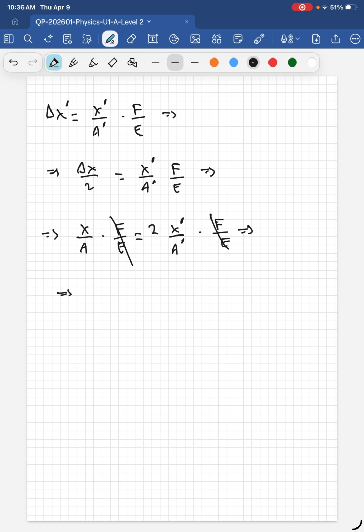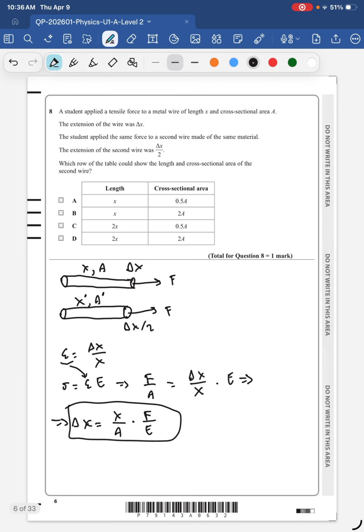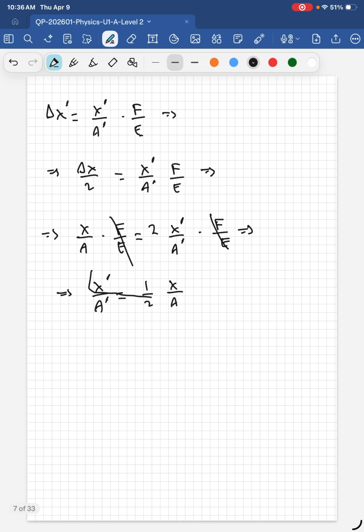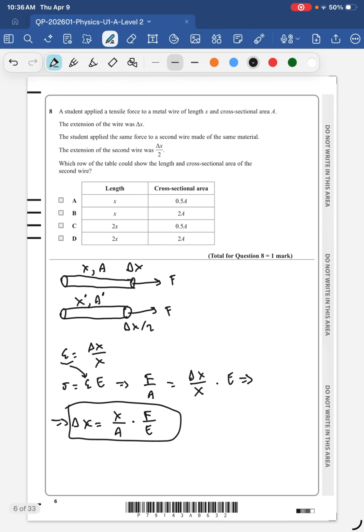So we see that X prime over A prime is 1/2 X over A, pretty much. Okay, so if you go back to the table, basically what this equation says is that the length is the same and the cross-sectional area is twice that of the initial wire. So that's option B. Okay, so I took the long path to finding this answer, but I hope this makes sense.